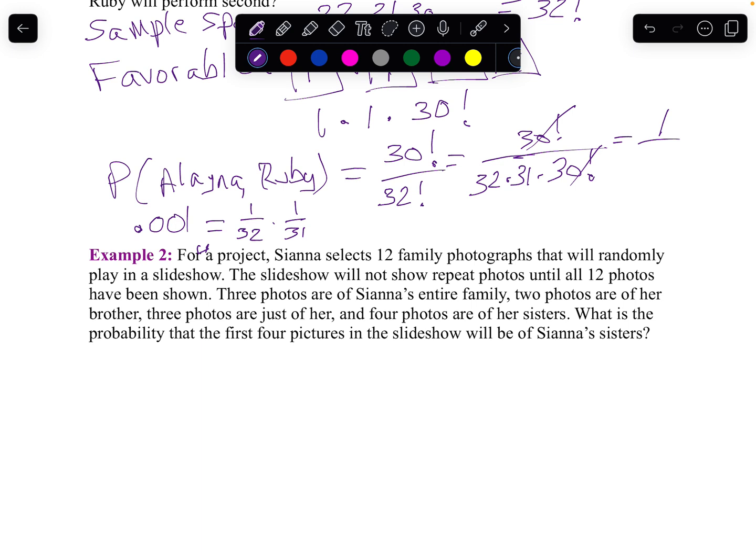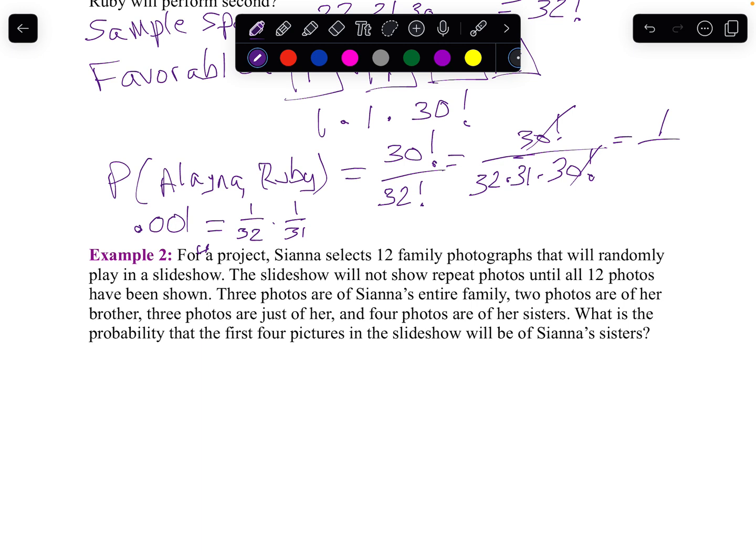The slideshow is not going to repeat until all 12 photos have been shown. 3 of them are of the entire family, 2 of them are of her brothers, 3 of them are just her, and 4 of the photos are of her sisters. I want to know what's the probability that the first 4 pictures in the slideshow will be Sienna's sisters.